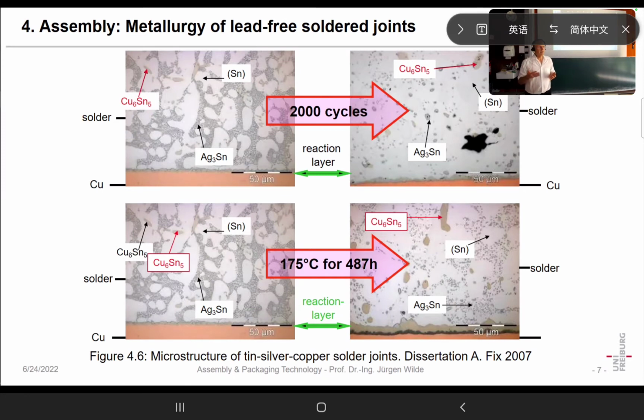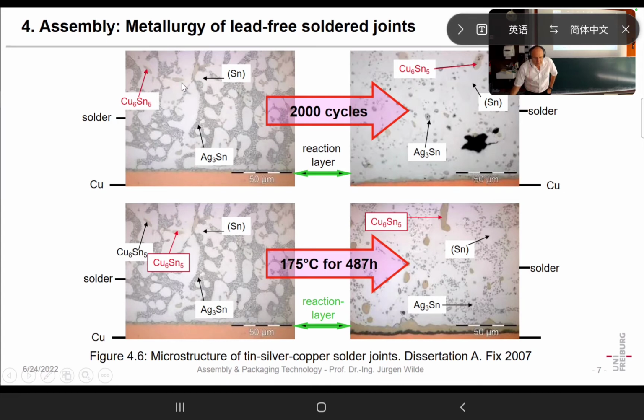And typically solders are operated above 50% of melting point, and that's high. And so we can see initially we have here the tin structure, that's a white thing. Then we have here something looking eutectic of silver-3 tin dispersed in tin. That's these gray areas. Here we see the small dots.